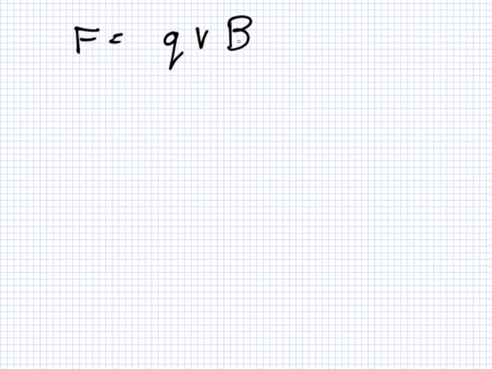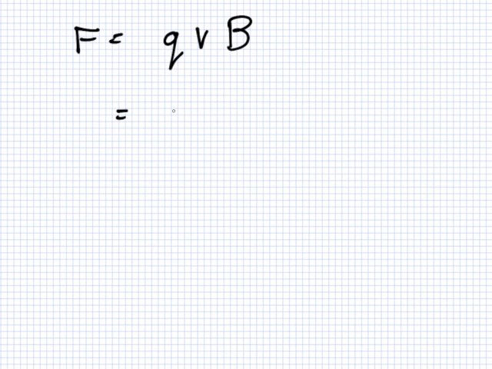So, let's write down what we know. We have our formula, F equals QV cross B. But I don't care about the direction, so I'll leave the crossing part of Fleming's left-hand rule out. Do we know the charge of an electron?